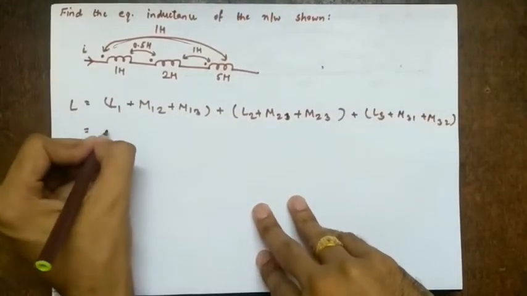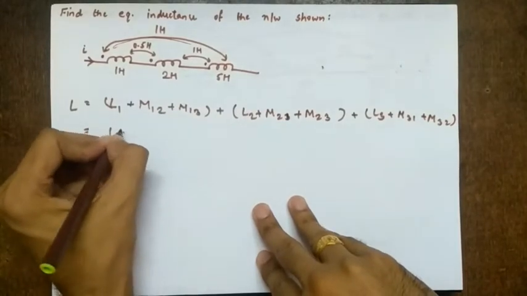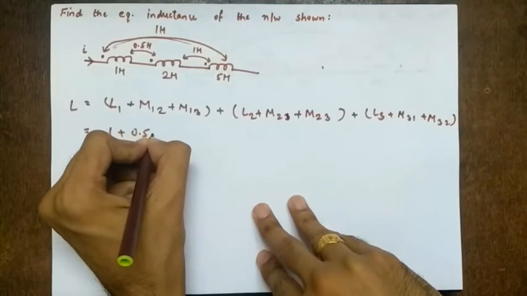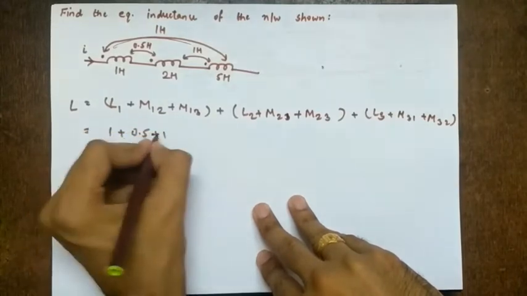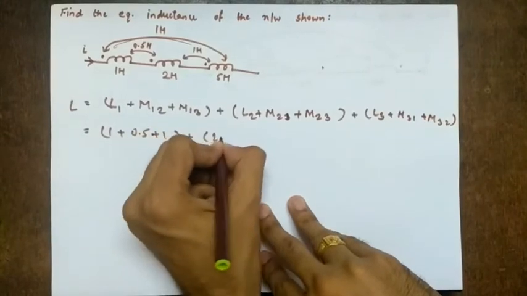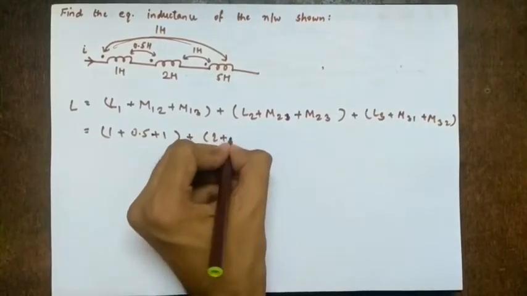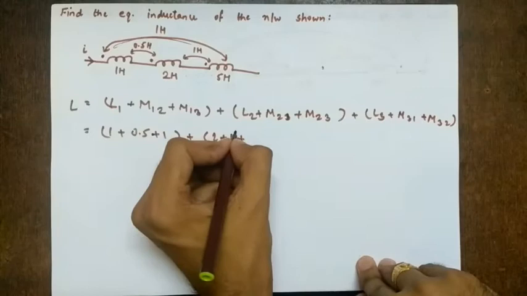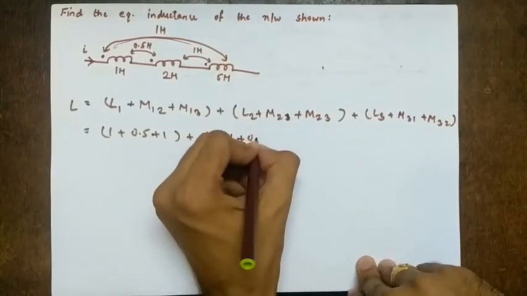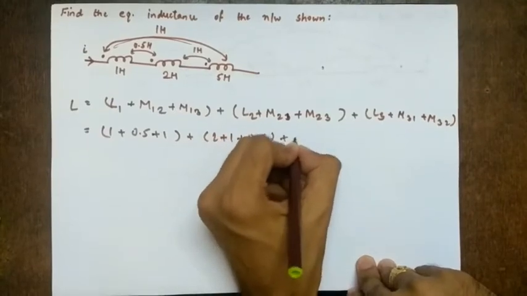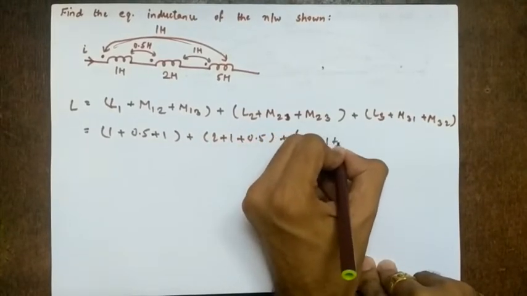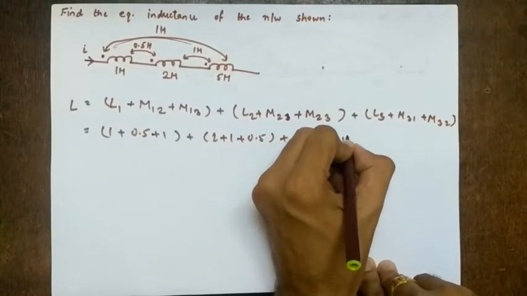So what is L1? It is 1 Henry. So 1 plus M12 is 0.5, M13 is 1, plus L2 is 2, M23 is 1, M21 is 0.5, plus L3 is 5, M31 is 1, and M32 is 1.